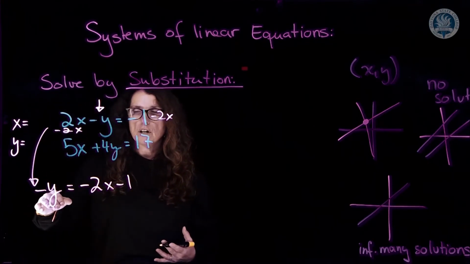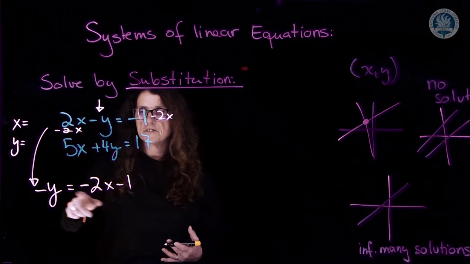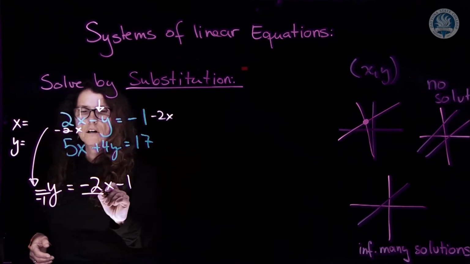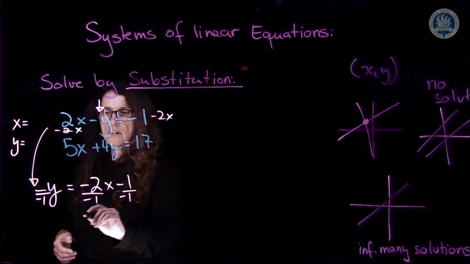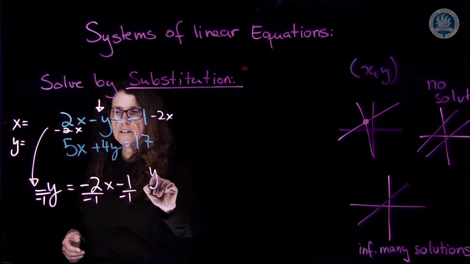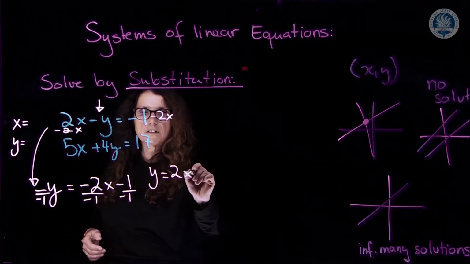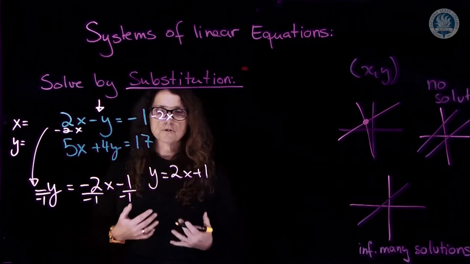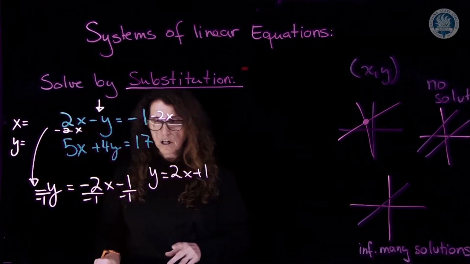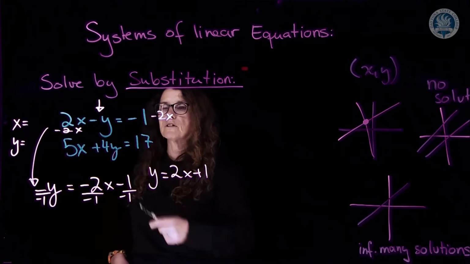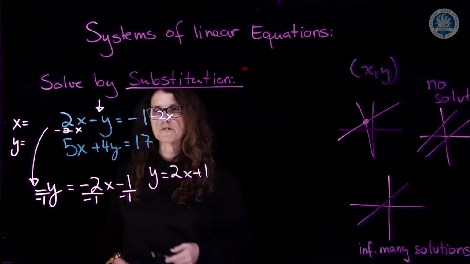No. You have to change this to +y by dividing by -1, all three terms. This becomes y equals, negative divided by negative is a positive, 2x plus 1. So now I have accomplished my goal of isolating one of these two variables, in this case, y.